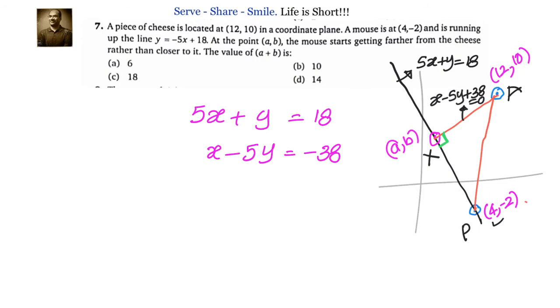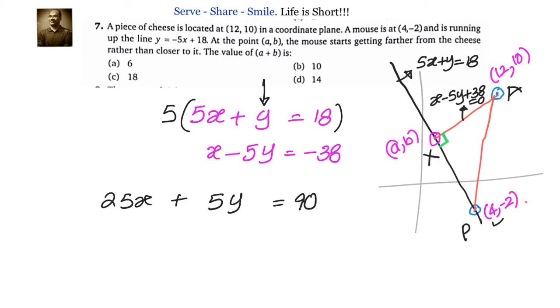So the equation of straight line PX is 5x plus y equals 18 and the equation of straight line AX is x minus 5y equals minus 38. Multiplying the first equation by 5, we get 25x plus 5y equals 90, and x minus 5y equals minus 38. Now add them together.